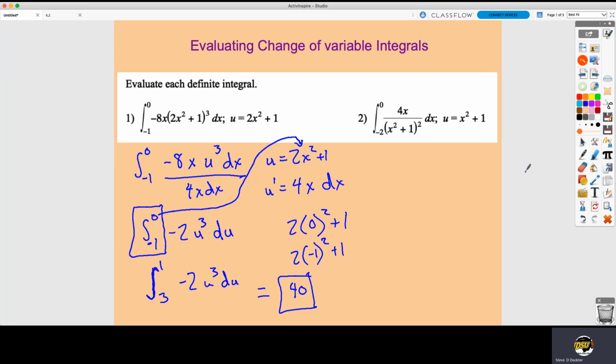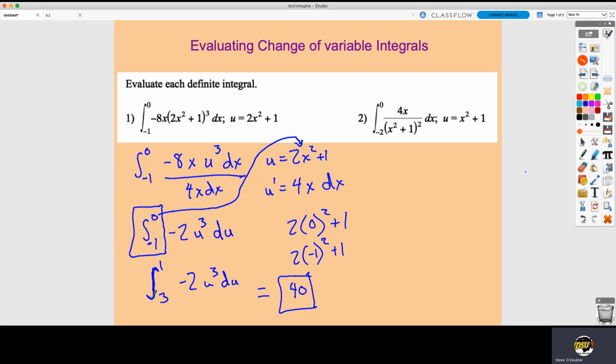You can either do it the way we're doing it today, or you can do it the way we did it previously. Both ways work for this. There are going to be other situations, though, where you change your dimensions. And when you change your dimensions, you need to switch from the one variable, like our x here, to our other variable, which was a u.